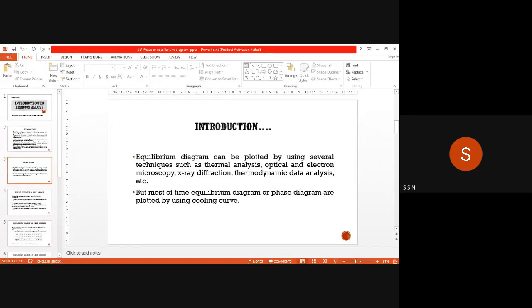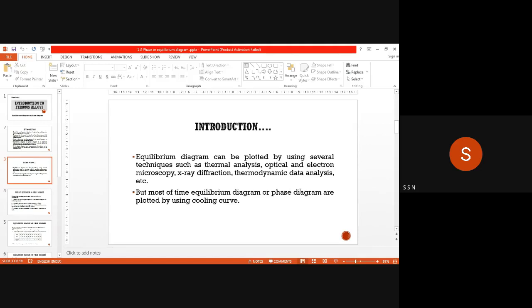Generally, consider the example of stainless steel. Inside the stainless steel, iron is there, chromium is there, nickel is there, and a small amount of carbon is also there. So it is a trivariant system.